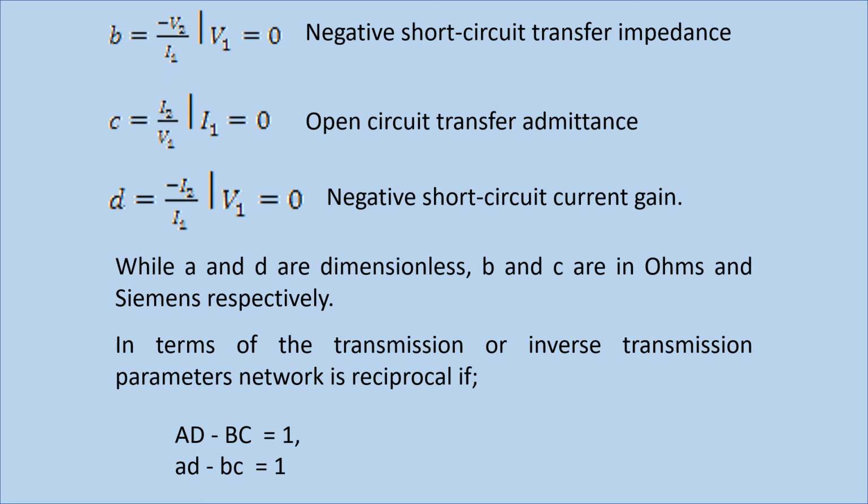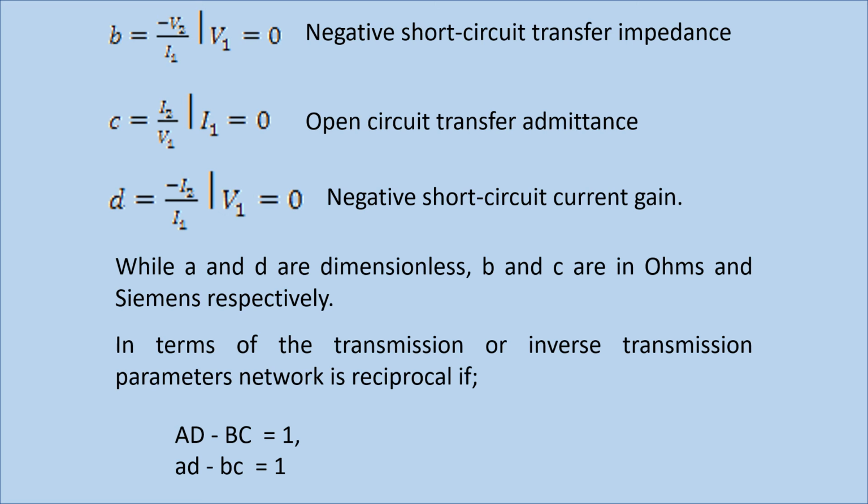The small letter b of the inverse transmission parameter is called negative short circuit transfer impedance, and it is equal to minus V2 over I1, that is minus output voltage over input current, provided that your input voltage V1 equals 0.